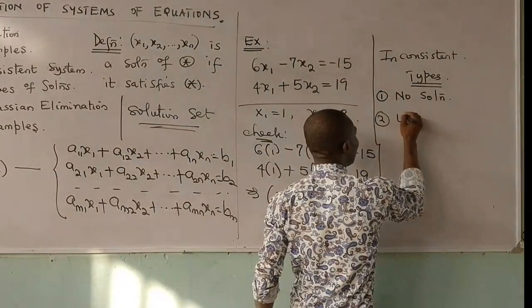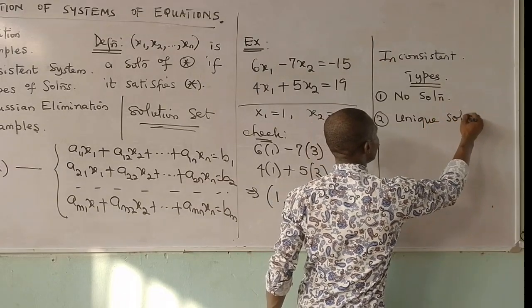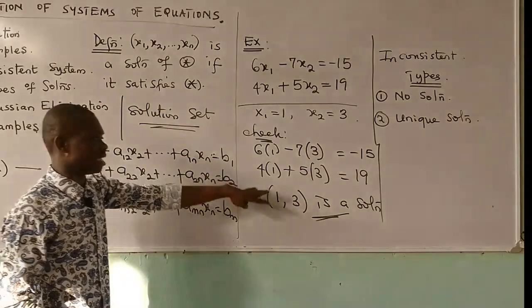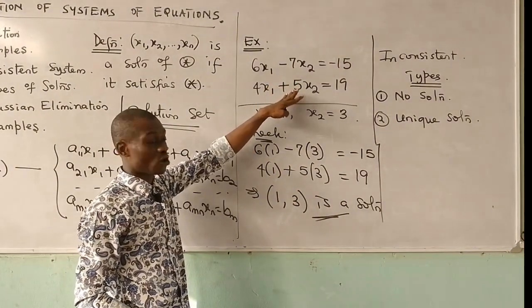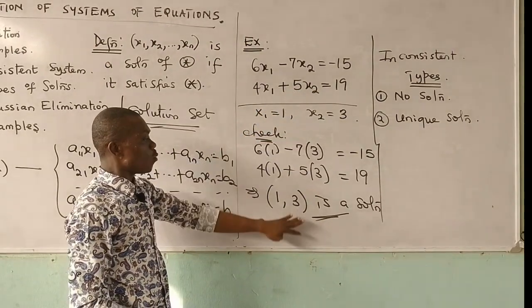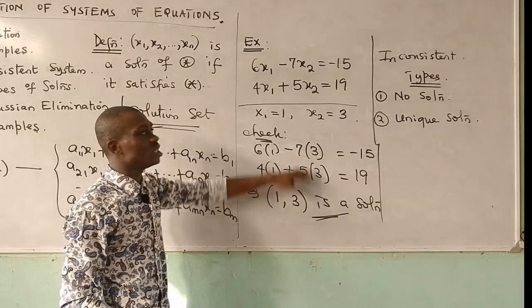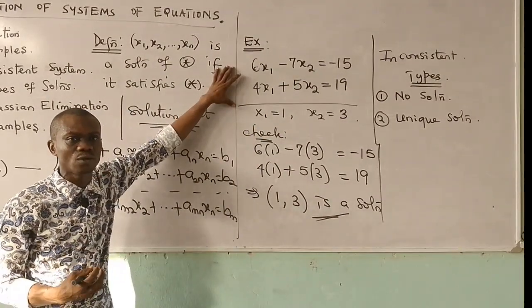And then number two, if the system is consistent, it can be of two types. Either it has what we call a unique solution, unique in the sense that it has only one solution. Like what I said here, 1 and 3 is a solution. It is left for us to check when we start solving whether this is the only solution for this system. If it is the only solution, then you say that this system has a unique solution.